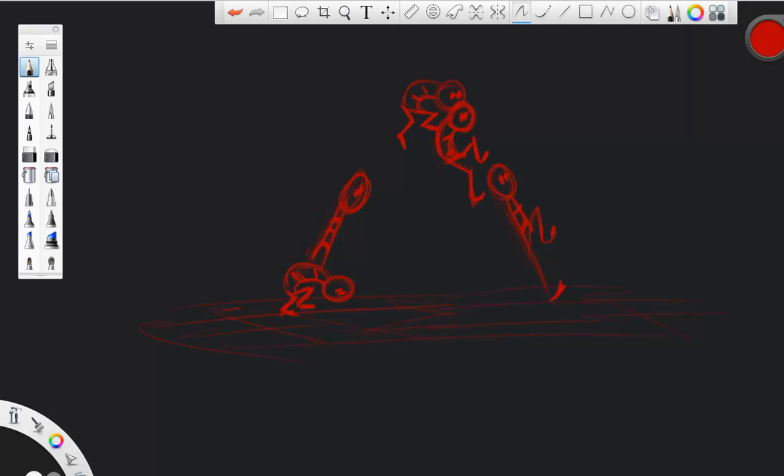We can add another. So it jumps and he comes back down.